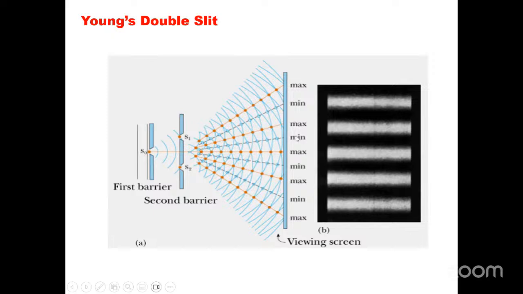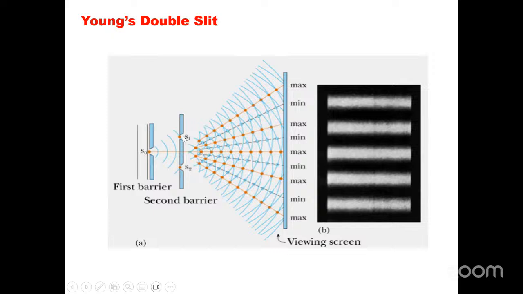So above the maxima, here minima, maxima, minima, maxima. Where the interference takes place, you can see the light, these are the secondary spherical wavelets incident upon the slits S1 and S2.